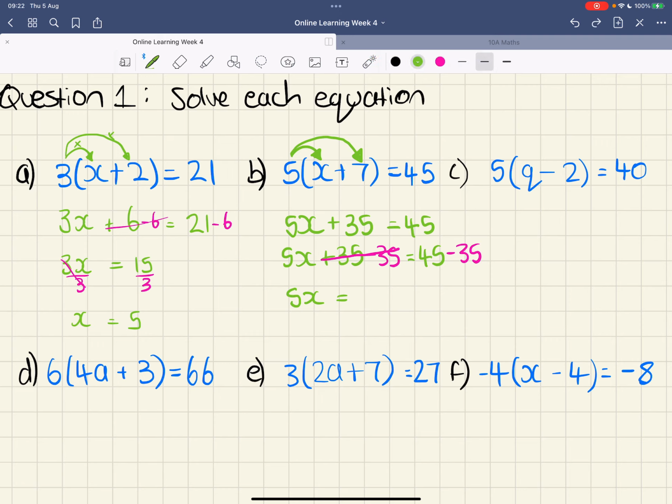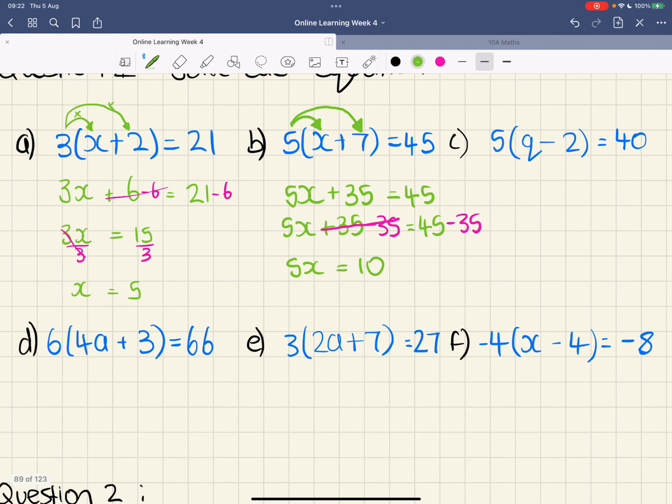I have one more operation. I'm running out of room, so I'm just going to shove that up there. I will remove our 5 here by dividing by 5, and I'll have to do that to both sides. And the 5's will cancel out, and I'm left with x equals now 10 divided by 5, or another way of saying that is how many 5's fit inside of 10, and the answer is 2.